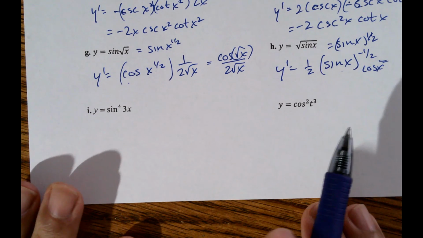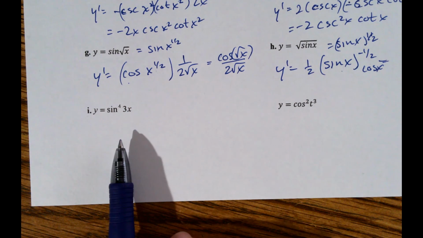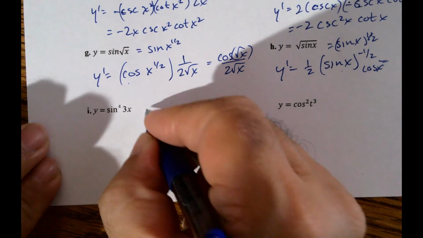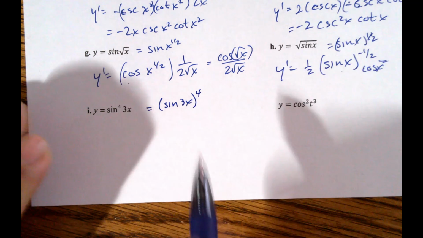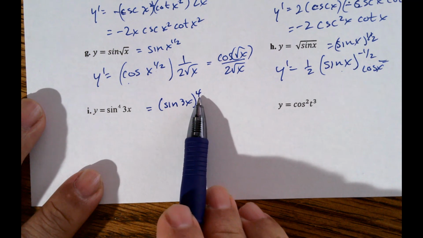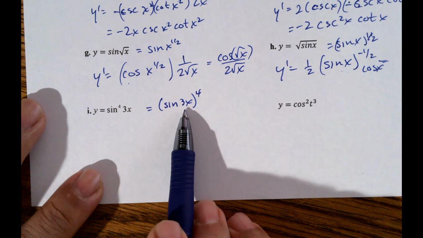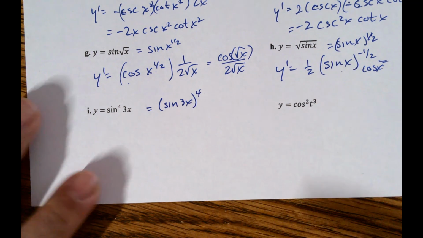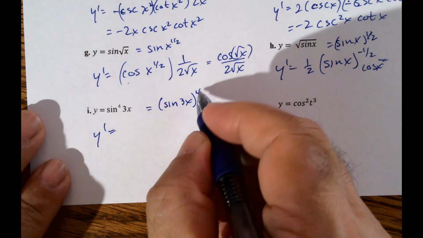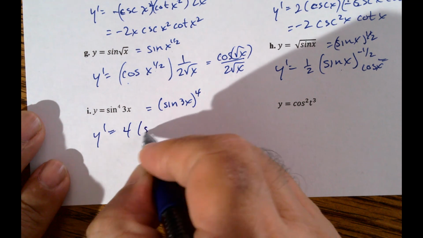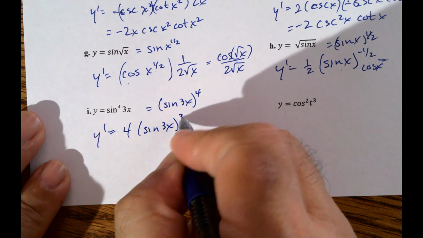Okay. All right. So this one actually has 3 functions. It's got sine of 3x to the 4th power. The outside exponent of 4 is one function, sine is another, and then 3x is another. So that's 3 different functions. Let's take the derivative, and hopefully I won't forget anything. So take the derivative. So the exponent first, 4 times sine of 3x to the 3rd power.